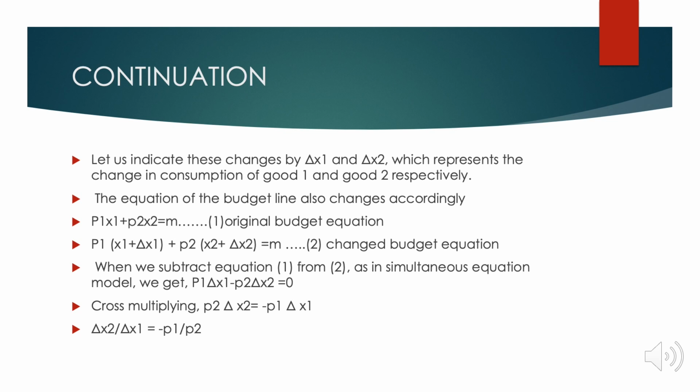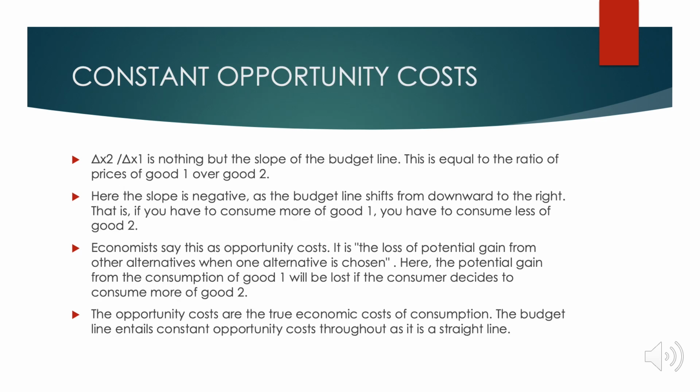Cross multiplying, we get P2 into delta x2 is equal to minus P1 into delta x1, and rearranging the same, delta x2 by delta x1 is equal to minus P1 by P2, where delta x2 by delta x1 is nothing but the slope of the budget line, and this becomes equivalent to the price ratio.